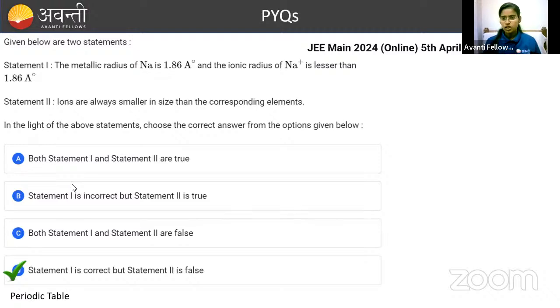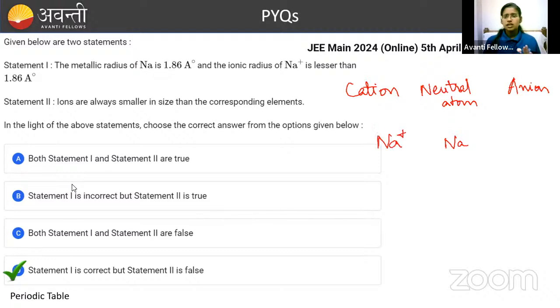So I have a cation, I have the neutral atom, and I have the anion. Okay, clear? So the neutral atom is sodium. If it loses one of its electrons, it will become a cation.